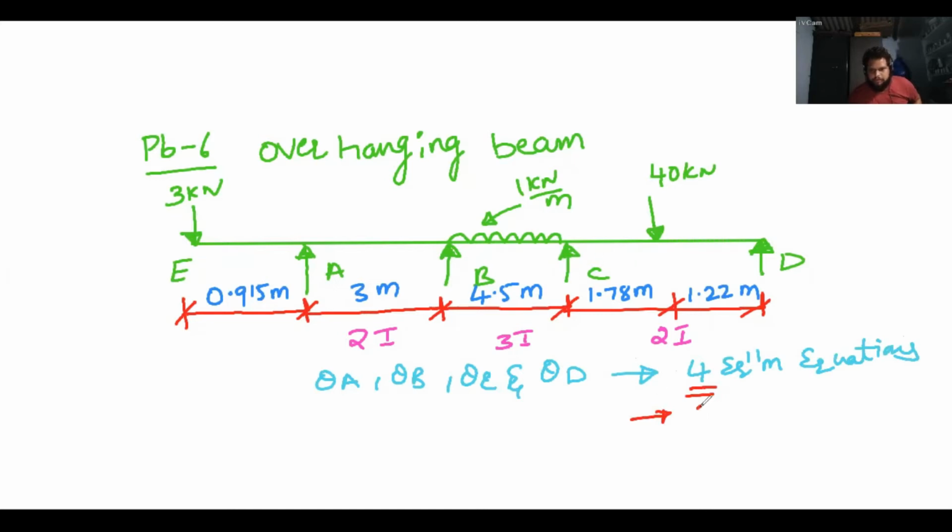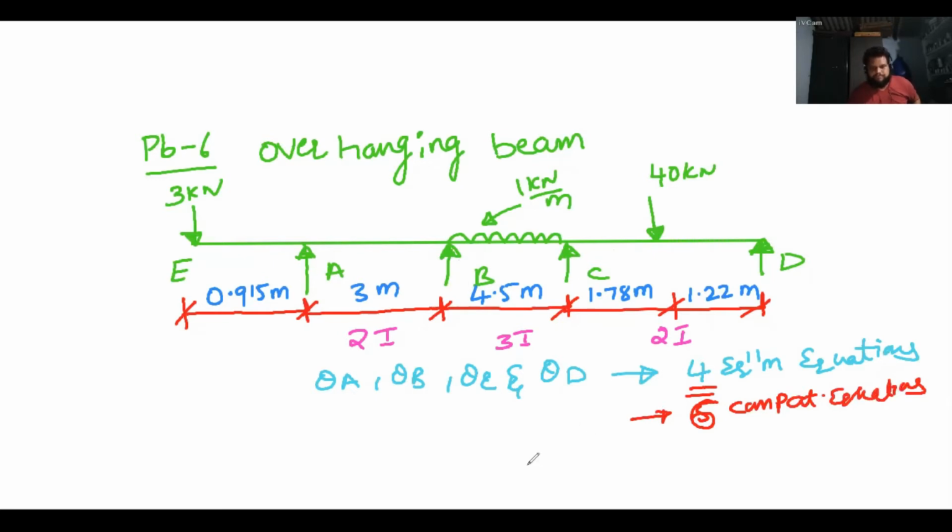So in total, 6 compatibility equations: M dash AB, M dash BA, M dash BC, M dash CB, M dash CD, and M dash DC. So a total of 6 compatibility equations are required if we do it in the conventional method.